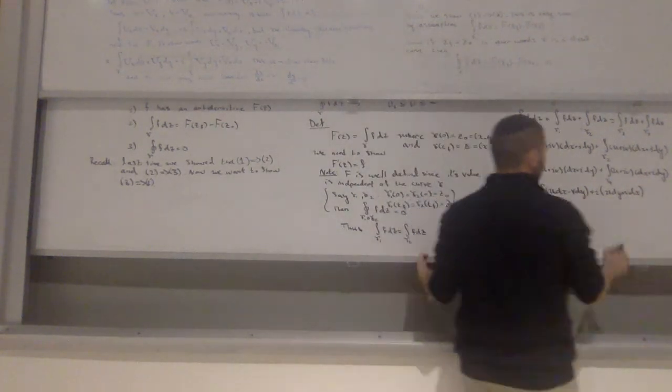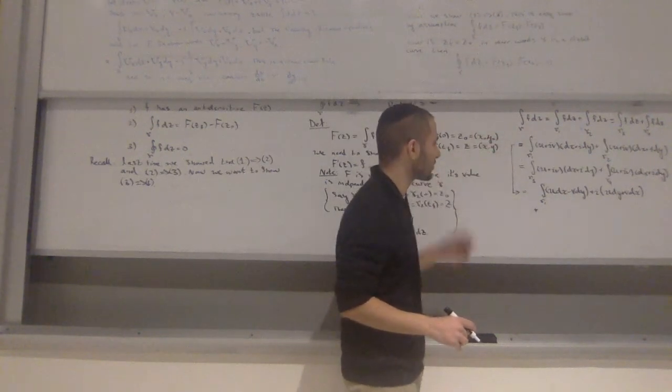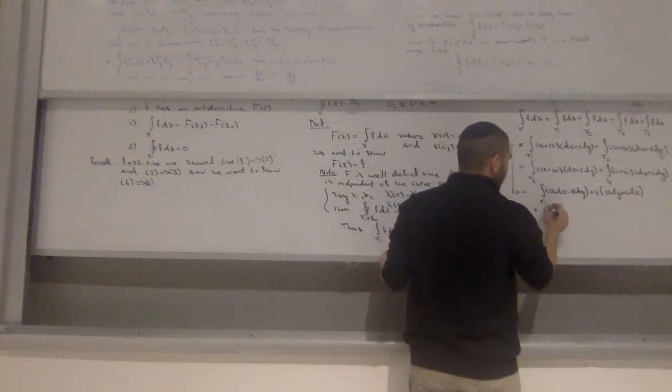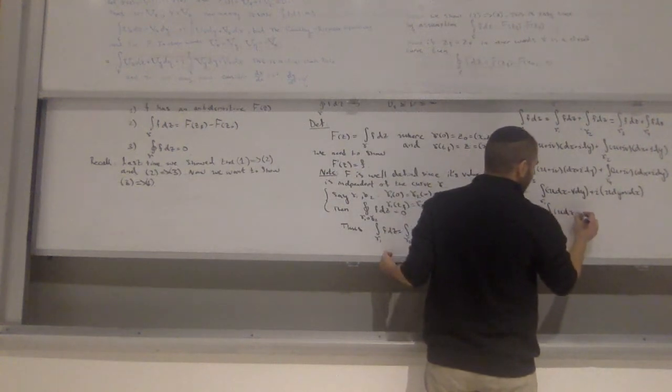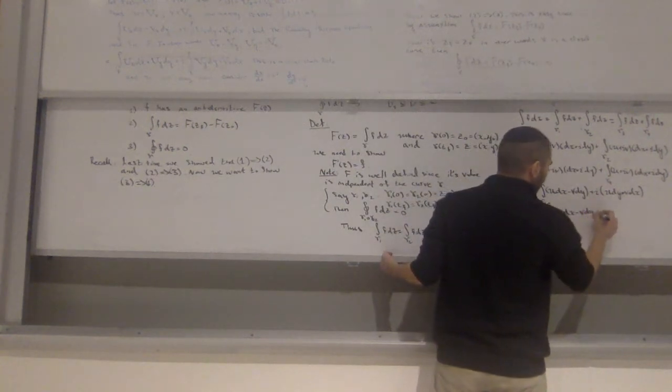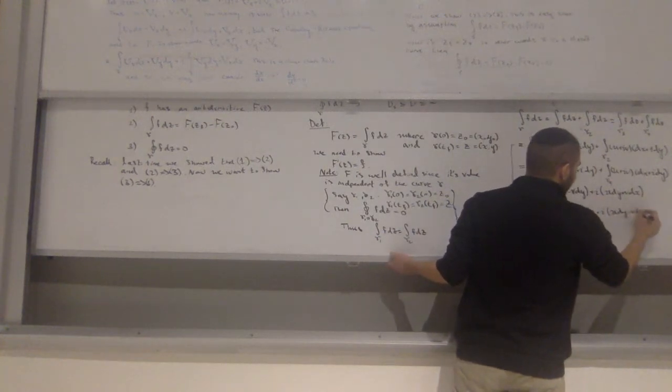We will first pay attention to the first equation and then deal with the second one. Plus the integral along gamma 2 of u dx minus v dy plus i times u dy plus v dx.